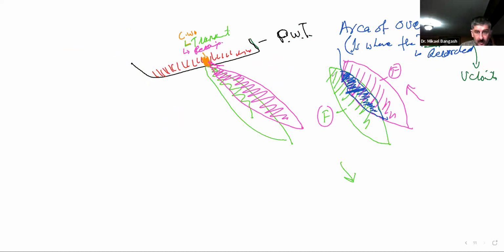So this continuous wave Doppler is going to record in this area of overlap here, where the Doppler frequency is going to be recorded. And if we just look at that area of overlap, and let's say it's a blood vessel here, what do you see?